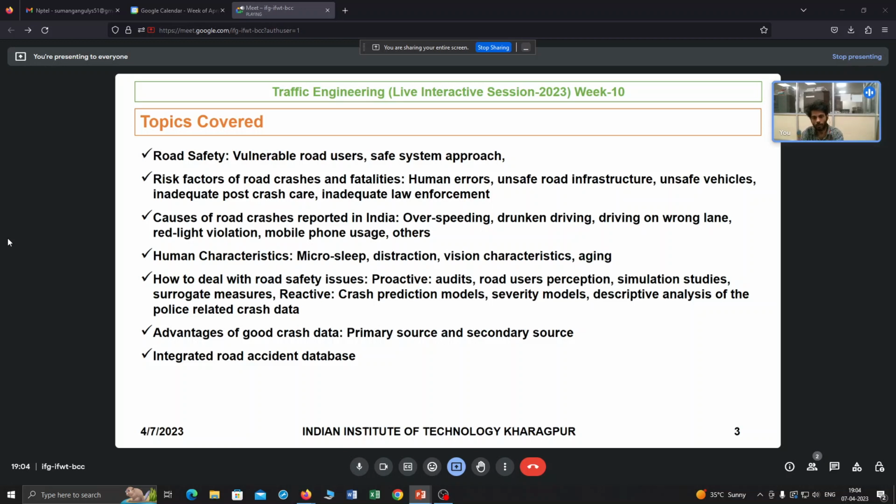Then, because accidents are already occurring, we have some kind of crash-related data.